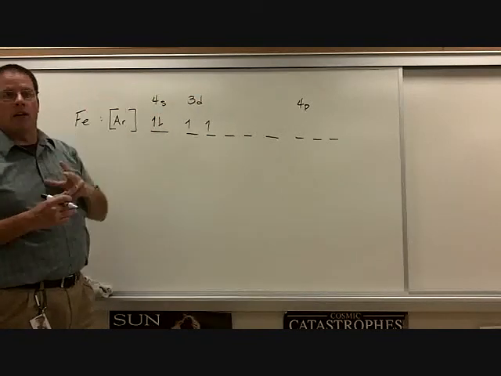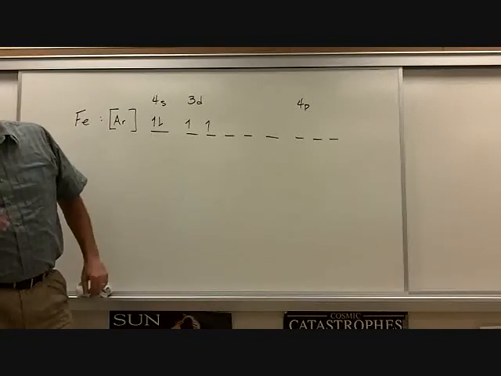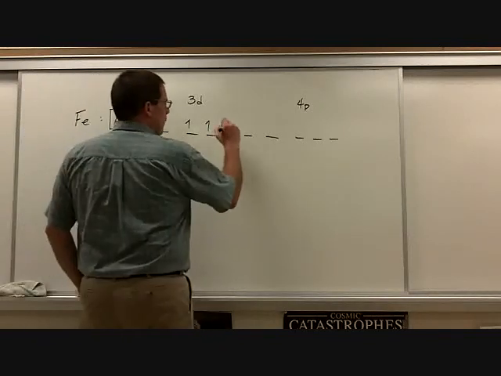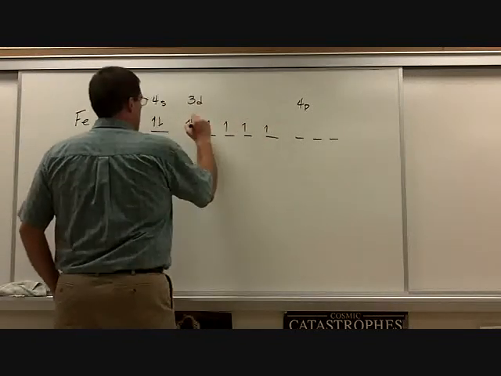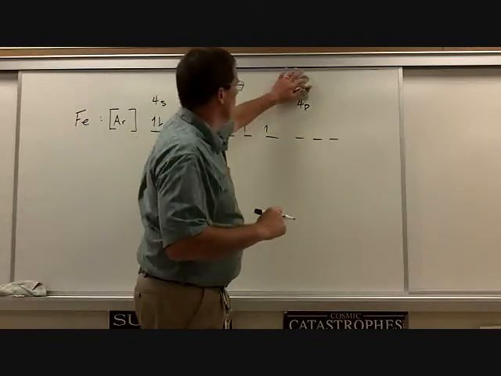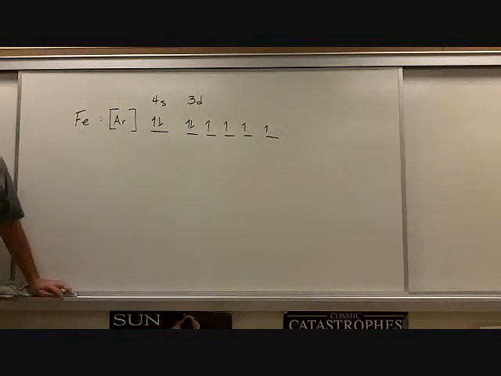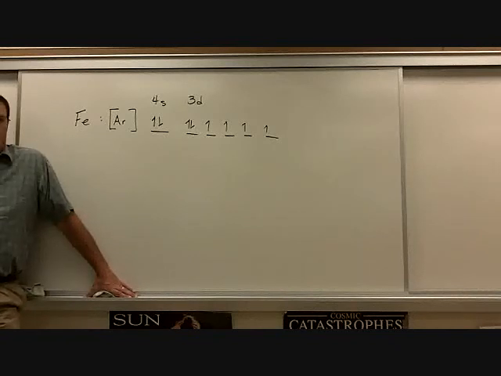Kelsey: How do you know if you can use this free element or if you can't? Okay, I'm going to give you an example right now. You're talking about the special rule. Here's iron. This is the way that I taught you this before.